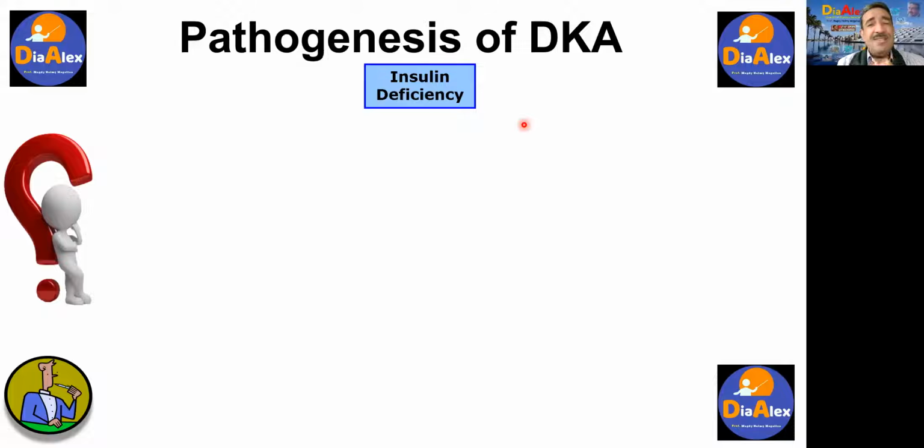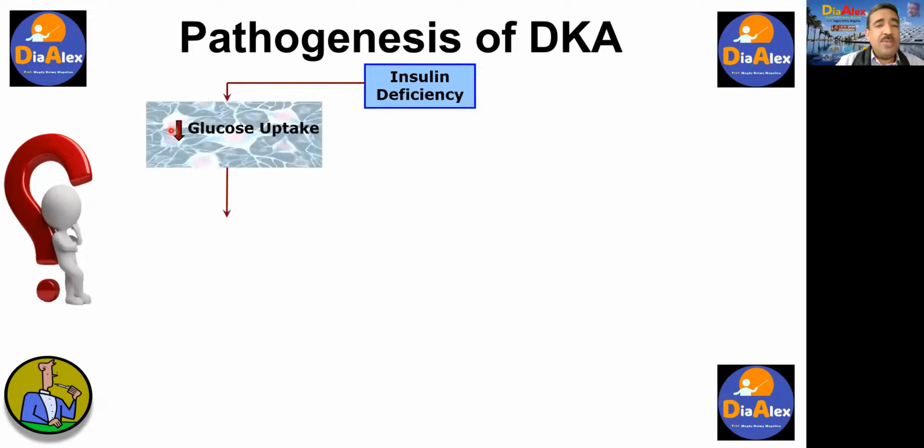So insulin deficiency, whether it's absolute, for example, type 1 diabetes without insulin therapy, or relative insulin deficiency, for example, a patient with diabetes with some kind of stress and the release of counter-regulatory hormones, the deficiency of insulin will lead to decreased glucose uptake by the peripheral tissues. We all know that insulin is responsible for entry of glucose inside the cells.